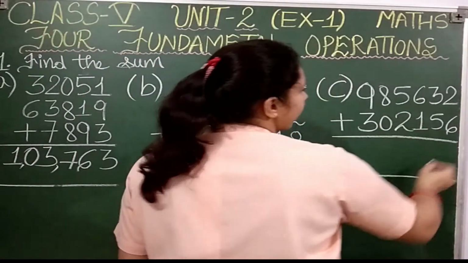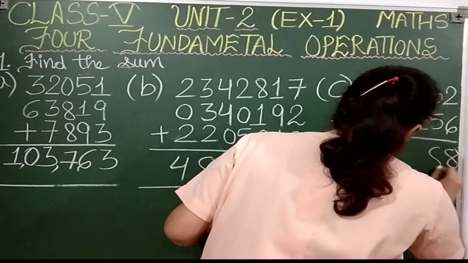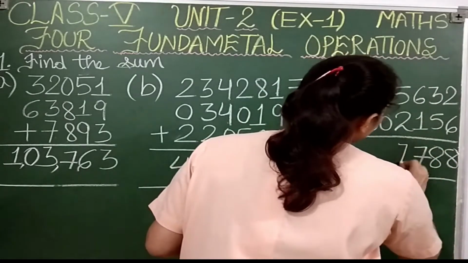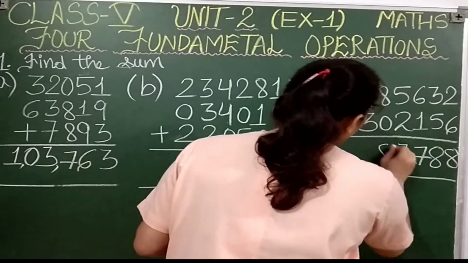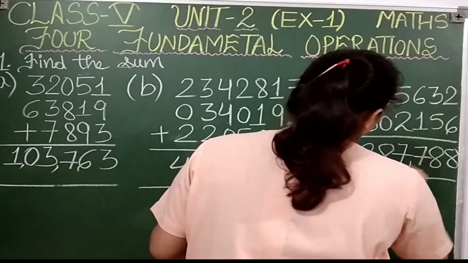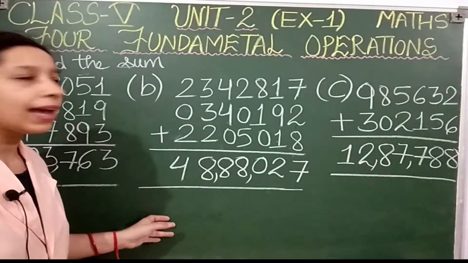Point number C, students. Again here you are going to add 6 plus 2, 8, 5 plus 3, 8, 6 plus 1, 7, 5 plus 2, 7, 8 plus 0, 8, 9 plus 3, 12. So we got 12,87,788.